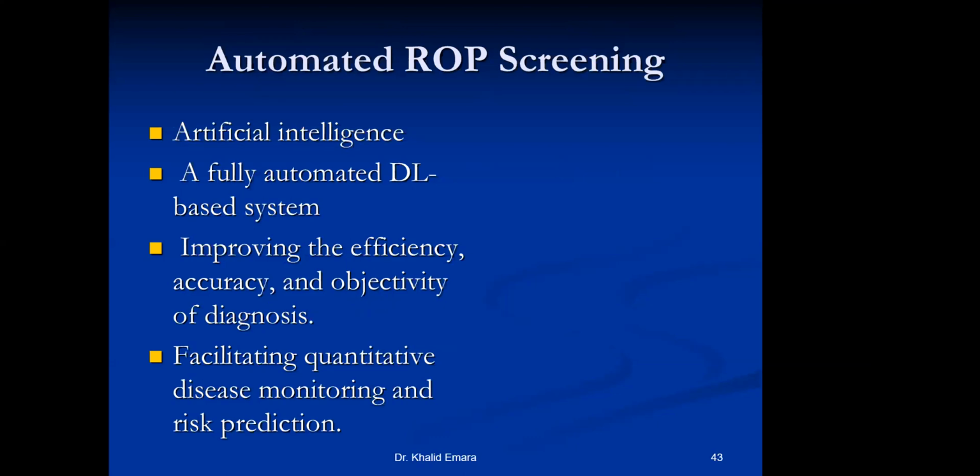This is the future in ROP screening: automated ROP screening, using artificial intelligence to take the ROP screening to another level. The level is to be fully automated using a technology called deep learning.